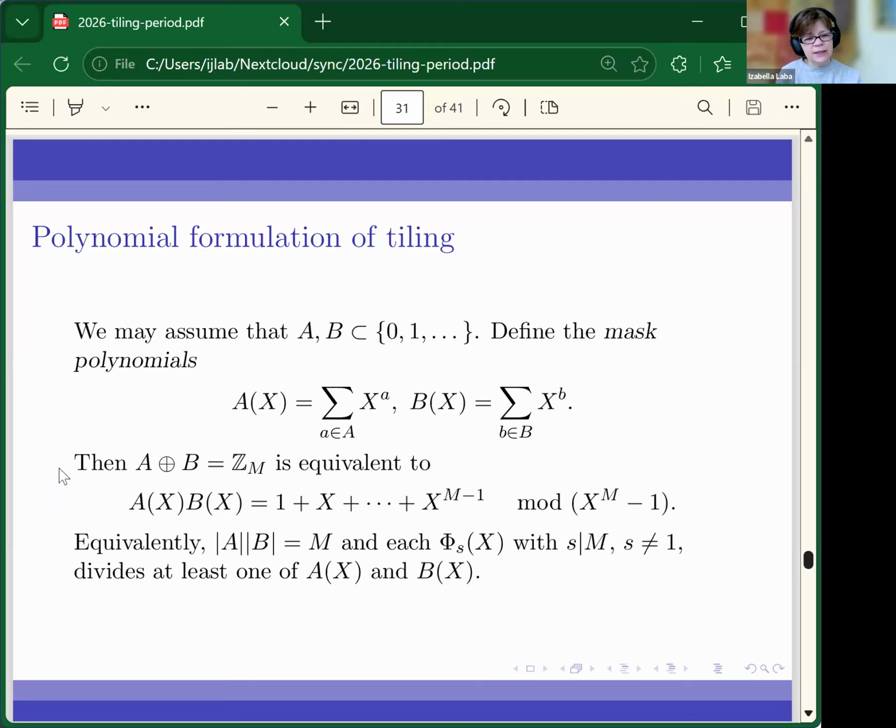And if I remember that the cyclotomic polynomials are exactly the irreducible factors of the polynomial on the right, then I can state the tiling condition in terms of those. Each cyclotomic polynomial phi s, where s divides m and is different from 1, has to divide at least one of A of x and B of x.